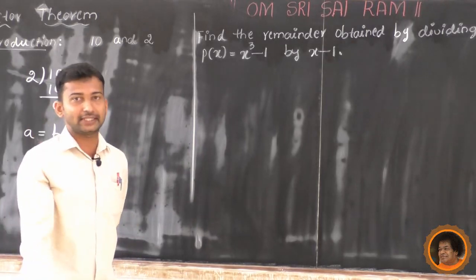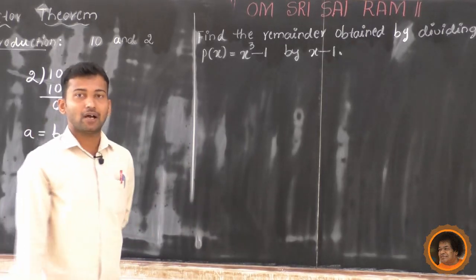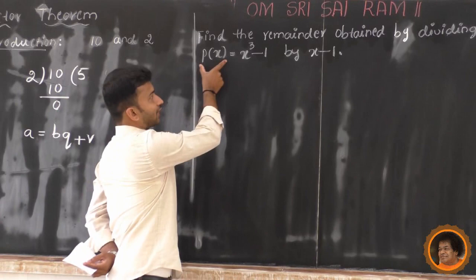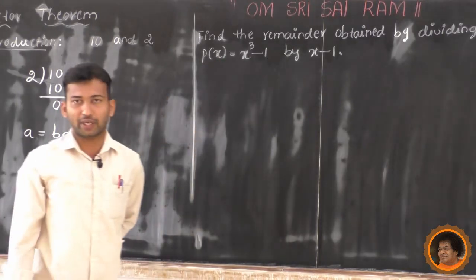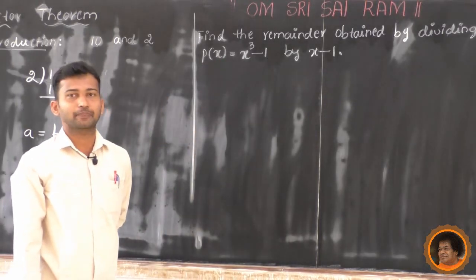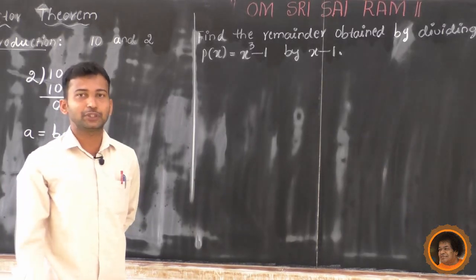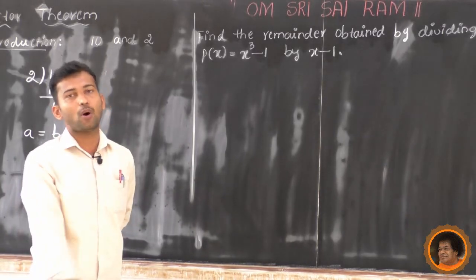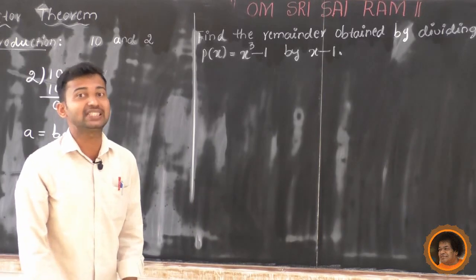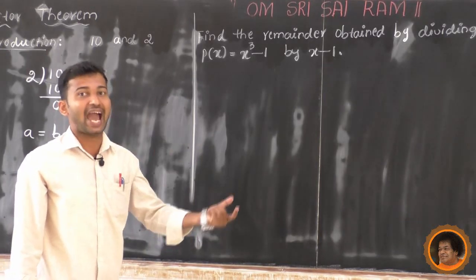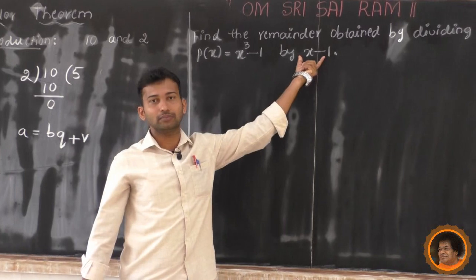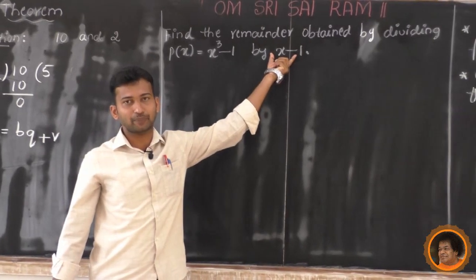How to find the remainder if P of x is divided by x minus 1? What is the first step? The first step is we should find the 0 of the polynomial, which is the divisor, and it is in the form x minus a.